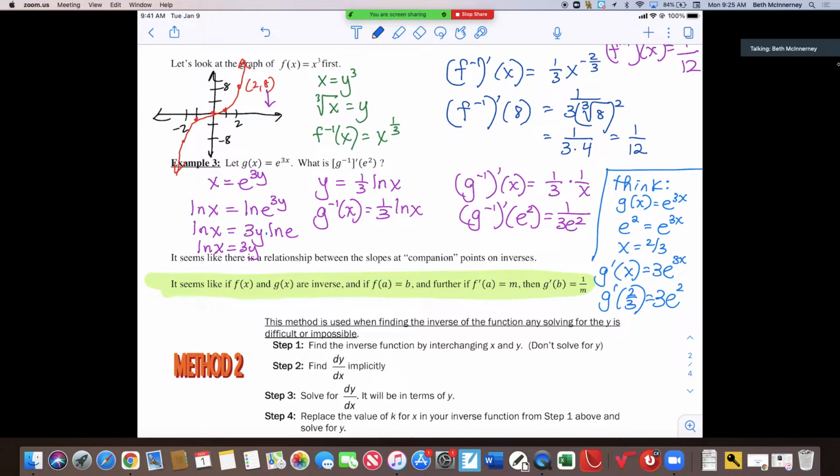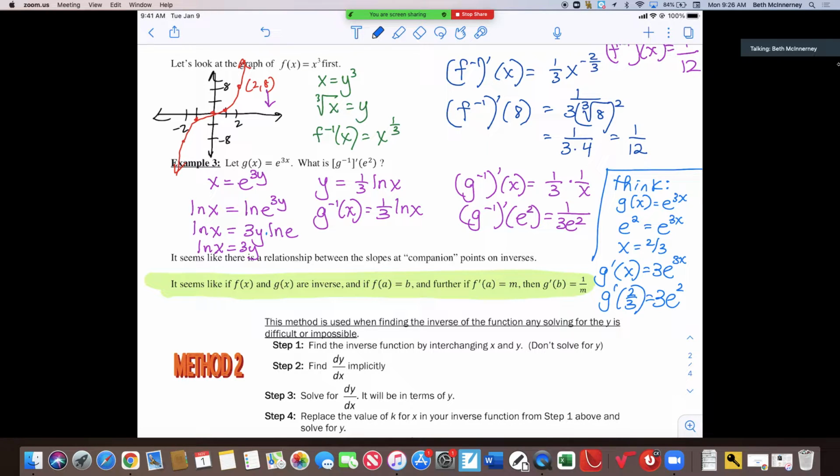I switched x and y, and now when I'm trying to solve for y, I take the natural log of both sides because then in my next line I can use the power rule, not the power rule for derivatives. I'm using the power rule for logarithms to bring the power down. This is 3y times the natural log of e, because that's what the power rule says for logarithms, and the natural log of e is 1. Oh, okay, so that's what happened there.